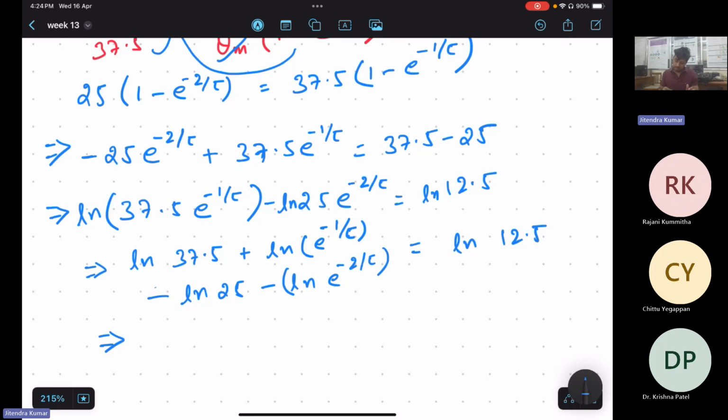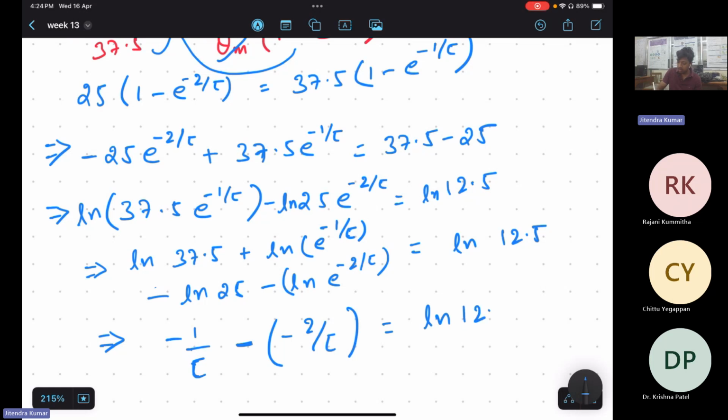Now ln of e will be cancelled out, so only minus 1 by tau will remain. In the second product, ln of e is also cancelled out, so minus 2 by tau will remain.